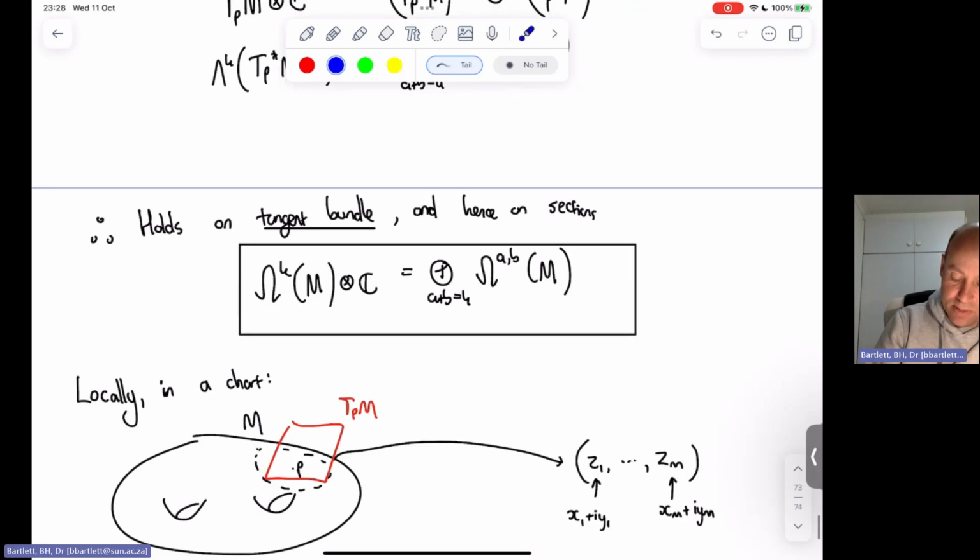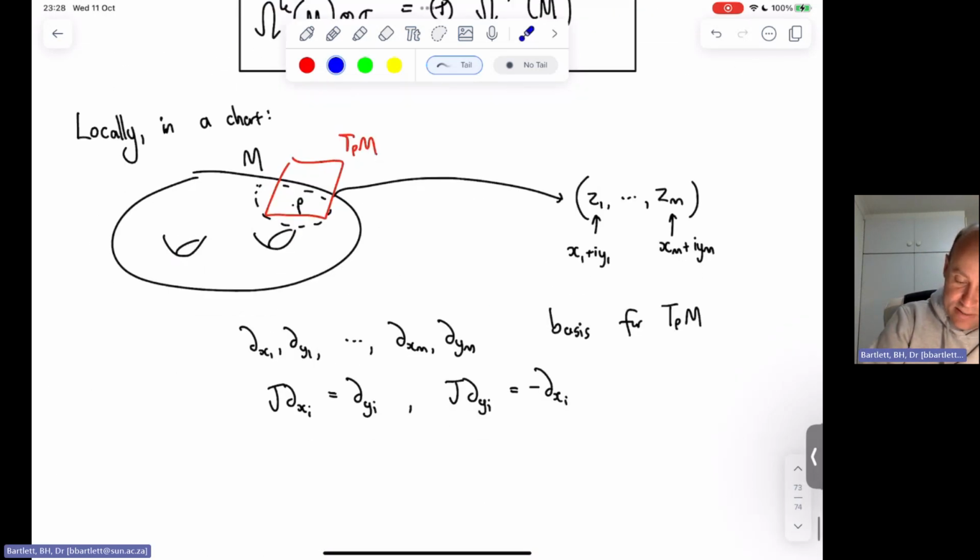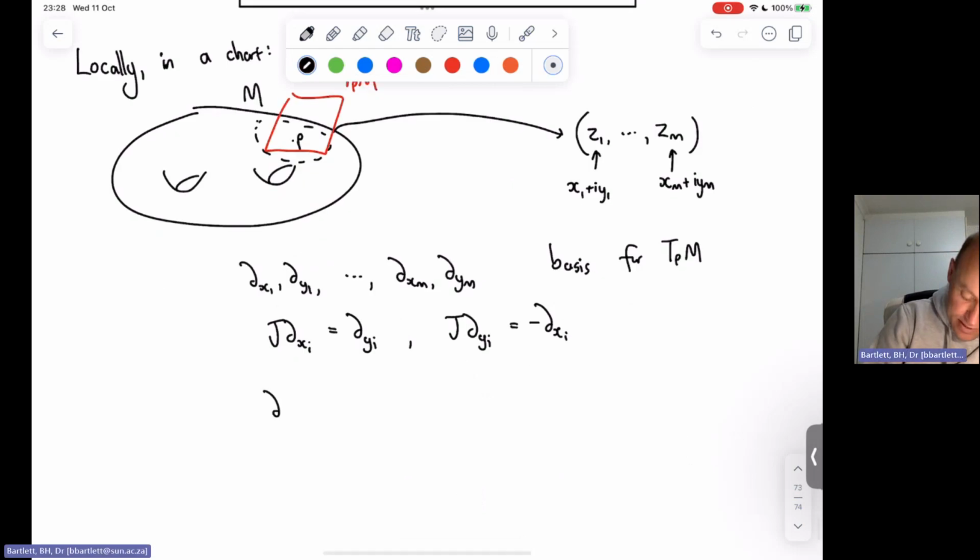I'll call those del zi. By definition, it's not some geometric thing, it's just a formal thing. It just means a half of del xi minus i del yi, and it's a formal vector living inside the complexification of the tangent space at P.